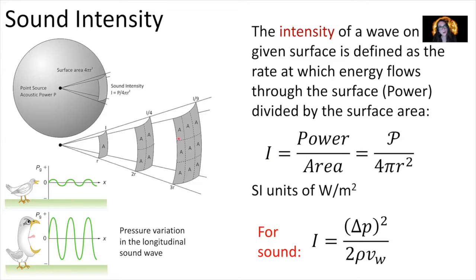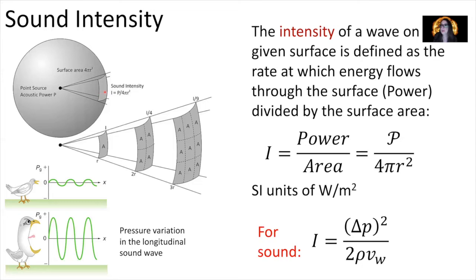So let's think about that over here. We have a point source of sound waves, just like that speaker that we saw earlier. Those sound waves are going to propagate away from that source in a spherical shell. As they propagate out, we can find the intensity of that wave at some distance away from the source.